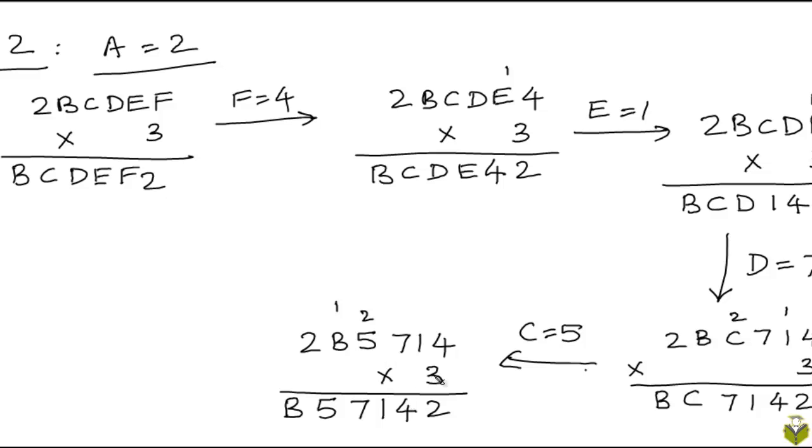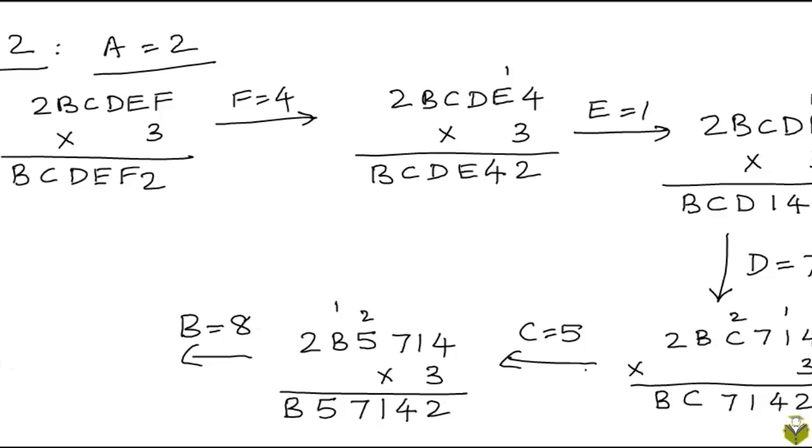And what single digit number when multiplied by 3 yields a product that has a 4 in the units place? Well, B is 8. 3 8s are 24. So let's substitute B by 8.